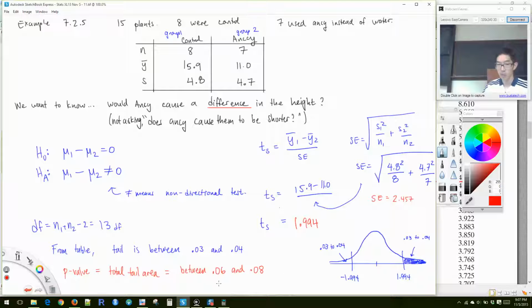Okay, or I can write my p-value is in between 0.06 and 0.08. I could write it also this way as well, right?